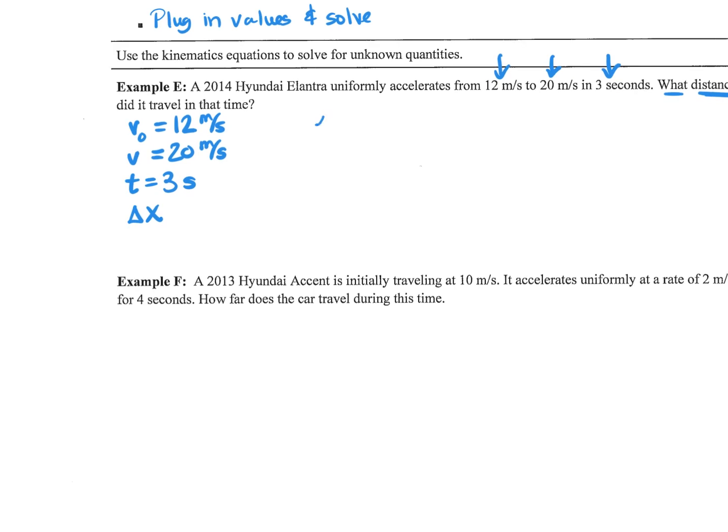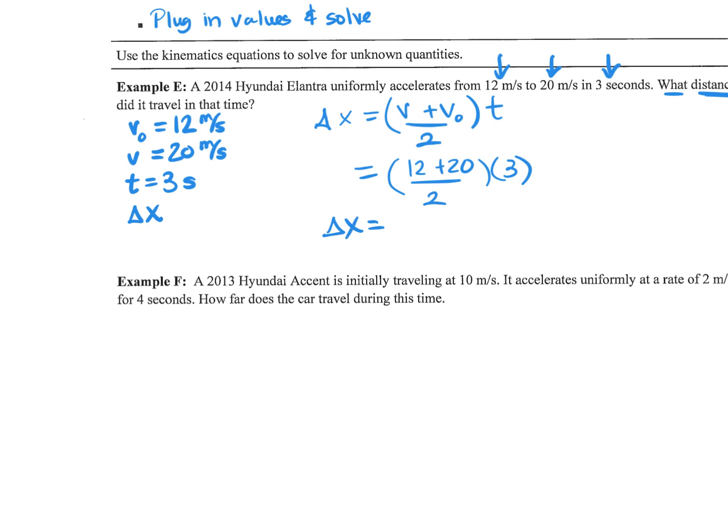Delta x equals v final plus v initial divided by 2 times the time. So what are we going to do with the two velocities? 12 plus 20 divided by 2 times 3 seconds gives me a change in position of what?